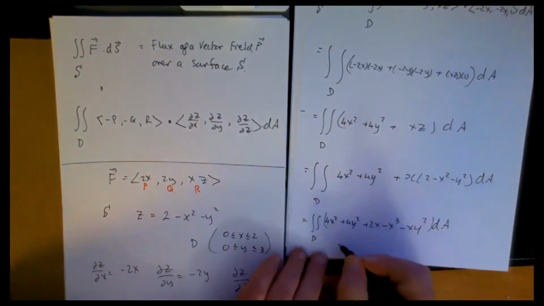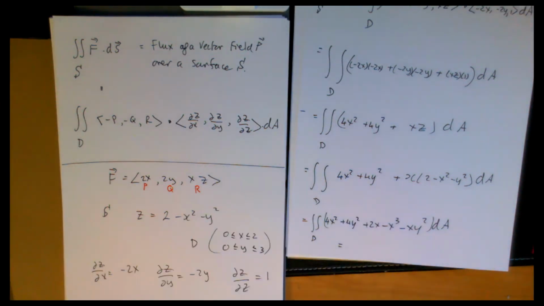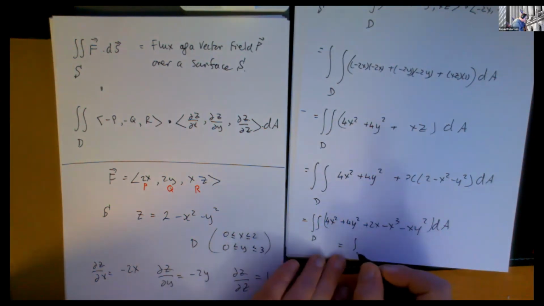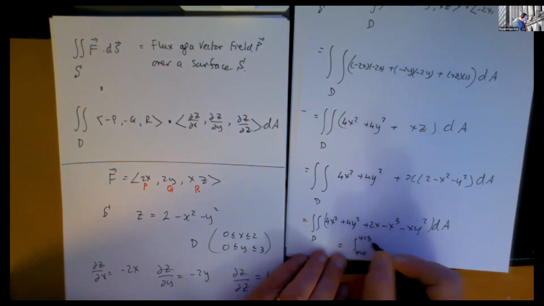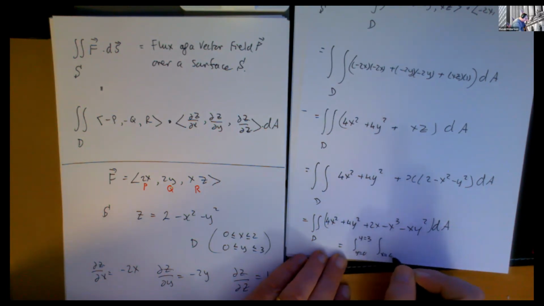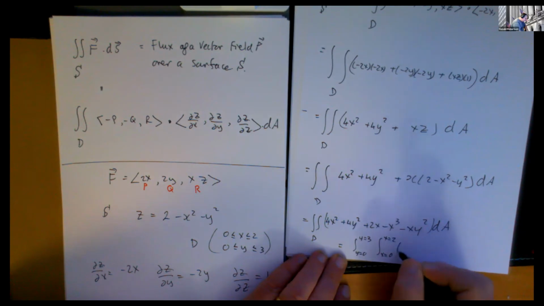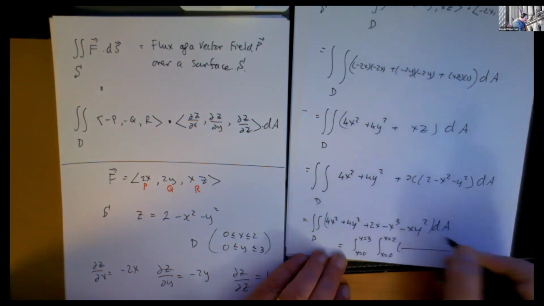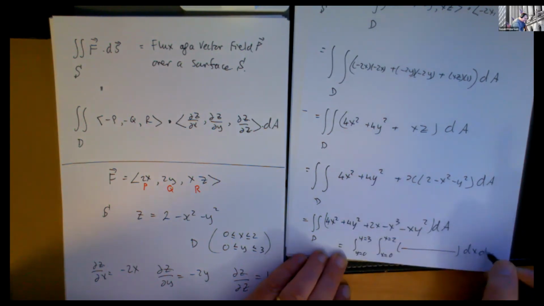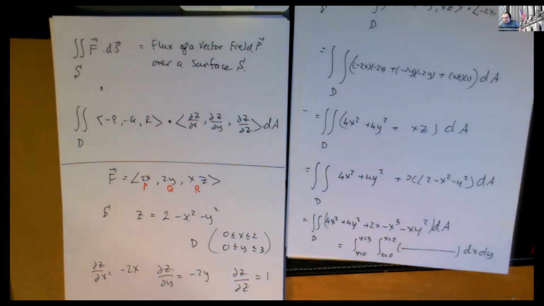Because we already know who D is. It was given to us in the question, right? It's the integral from y equals 0 to y equals 3. The integral, say, from x equals 0 to x equals 2. That horrible mess, which I'm not going to write again, dx, dy. Isn't that just a big, long, ugly double integral?